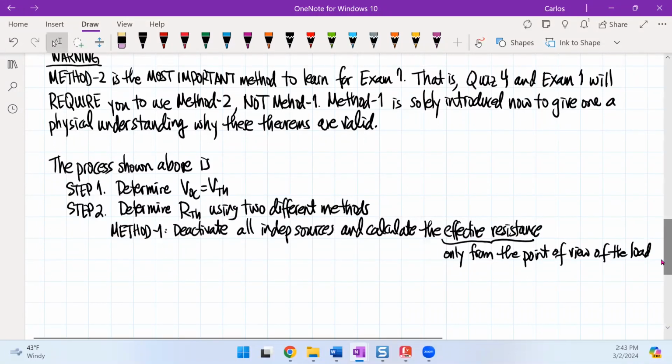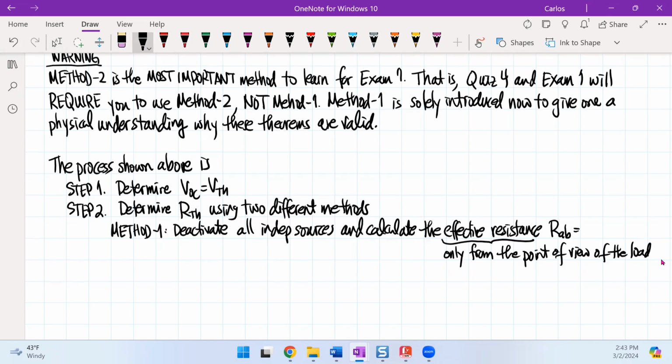That's what I mean by the effective resistance. This effective resistance is between AB, and that's what we're going to call RTH or RN.